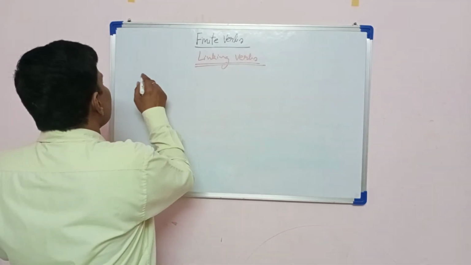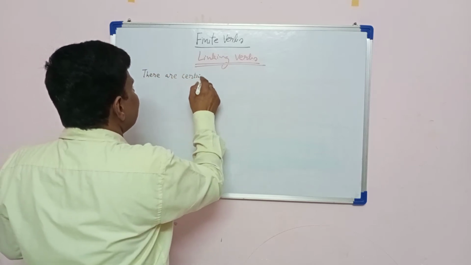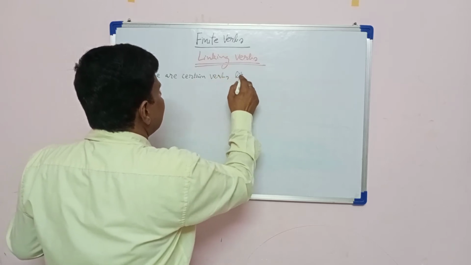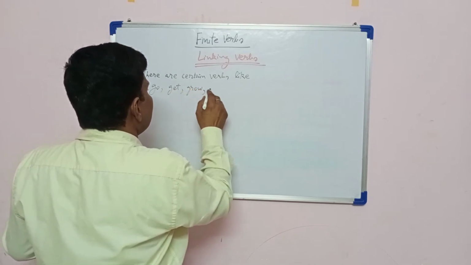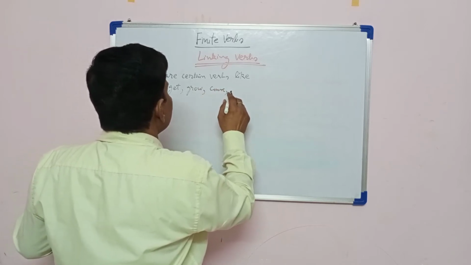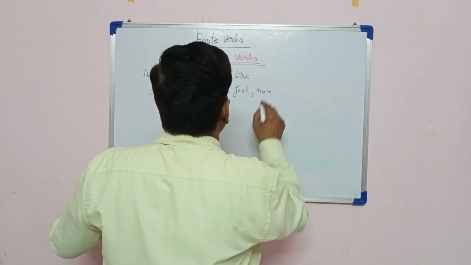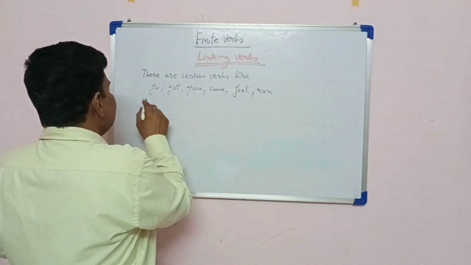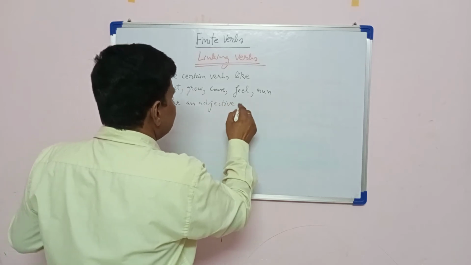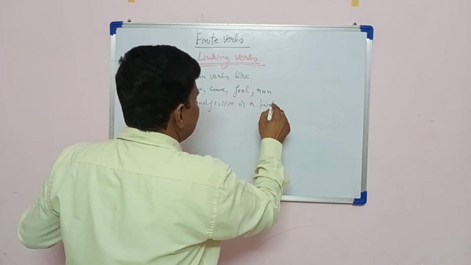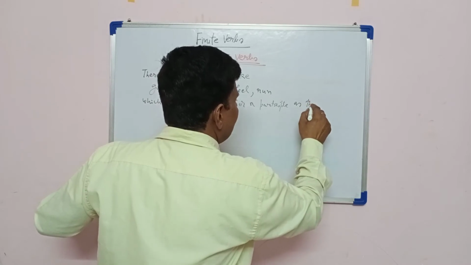For example, there are certain verbs like go, get, grow, come, feel, run, which take an adjective or a participle as their complement.